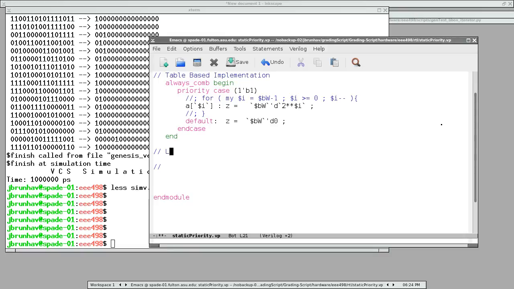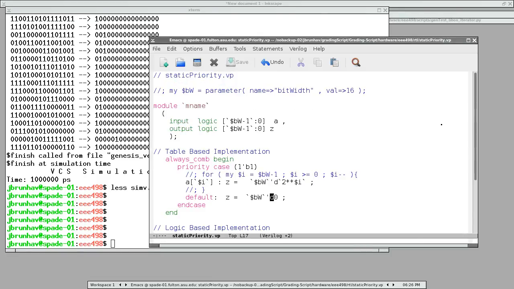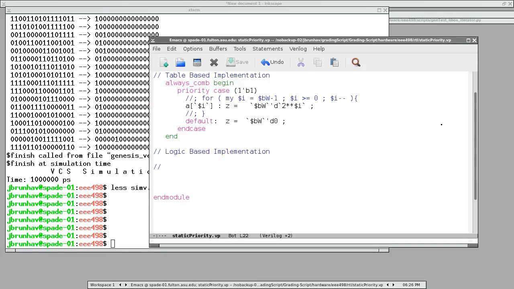The other way we could do this is a logic-based implementation, where let's make sure to comment this out.